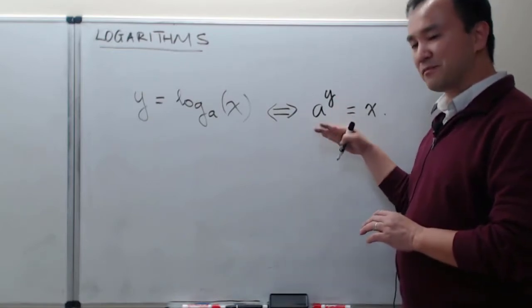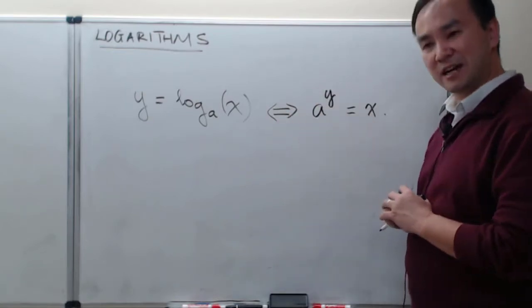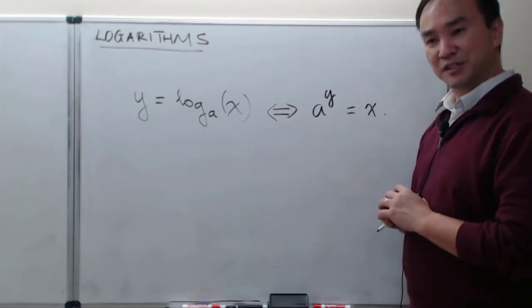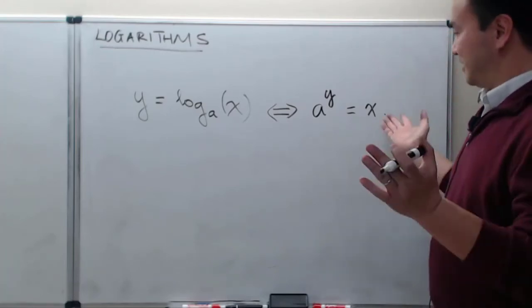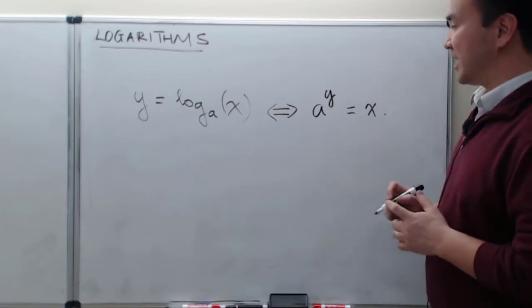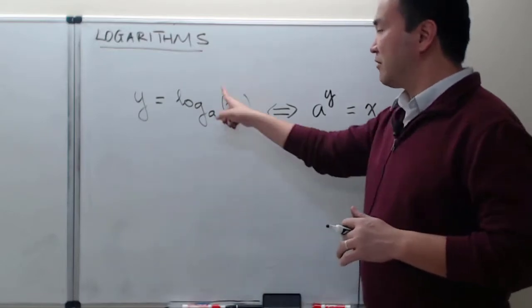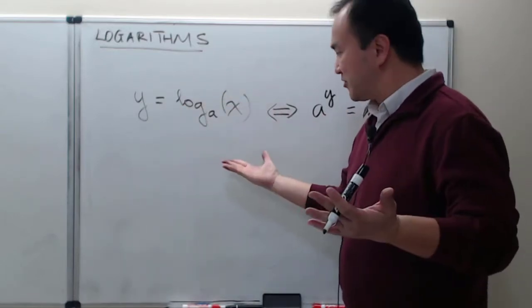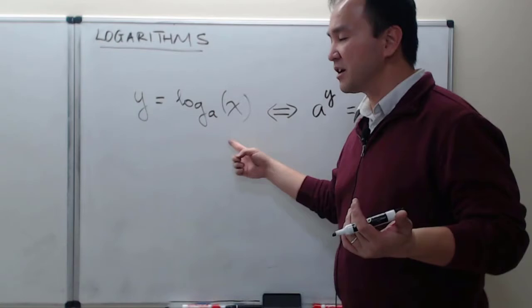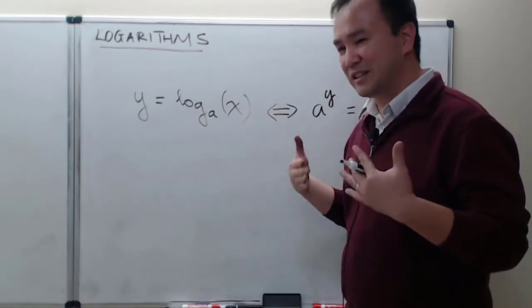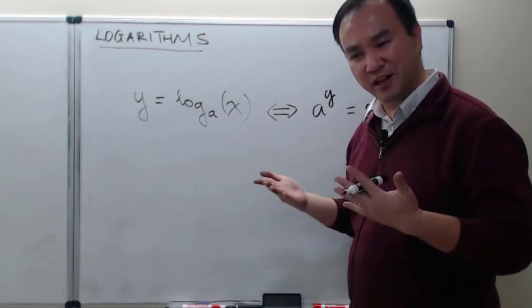You need to nail this down before we can advance to the next step and learn about the derivative of these logarithms. That's about all it takes. Now, among all the logarithm functions generally written as log base a of x, the number e is so special, even though it's not a nice looking number.